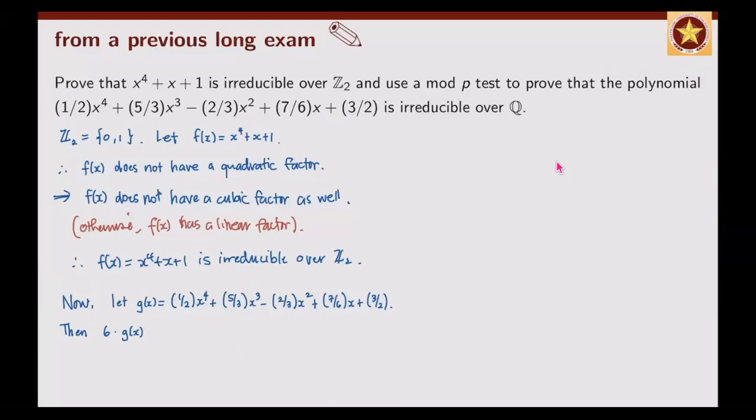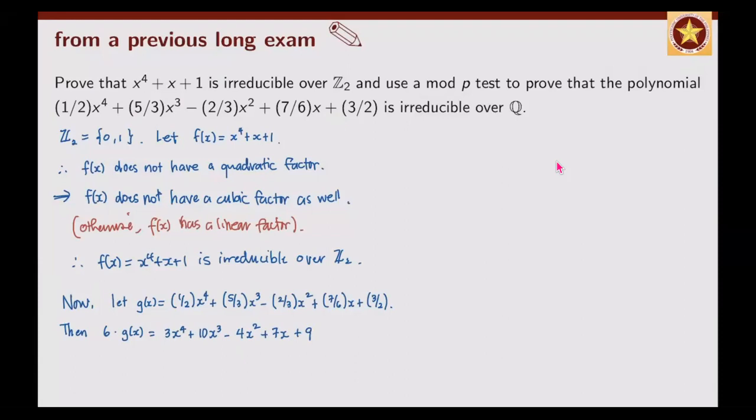The reason for multiplying by 6 is to transform the polynomial into an integer polynomial, so that we have 3x to the fourth plus 10x cubed minus 4x squared plus 7x plus 9, if I'm not mistaken. Right? Did I do it correctly?